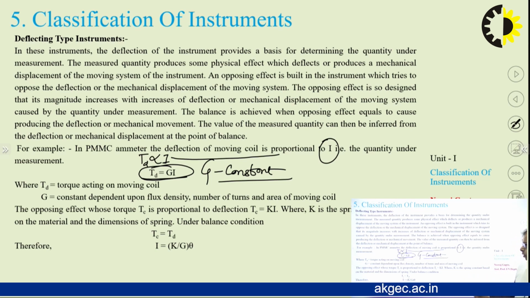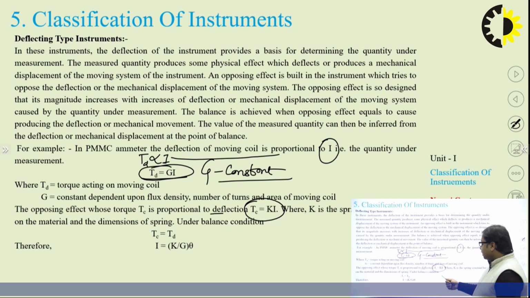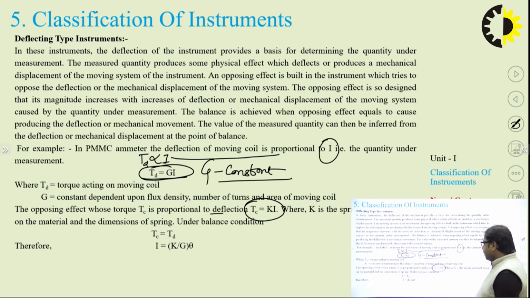That is termed TC, and TC is proportional to the deflection, that is TC equals K theta, where K is the spring constant.